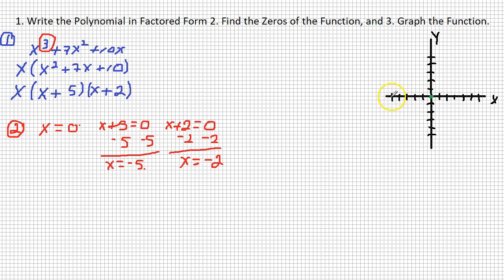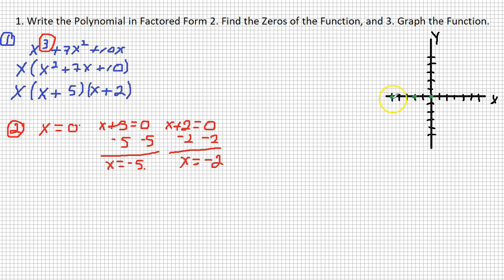Here's negative 5. Okay, and it crosses at negative 2. Now, what we need to do now is find out what it does in between each of the points. All right, what we're going to do is make a table.